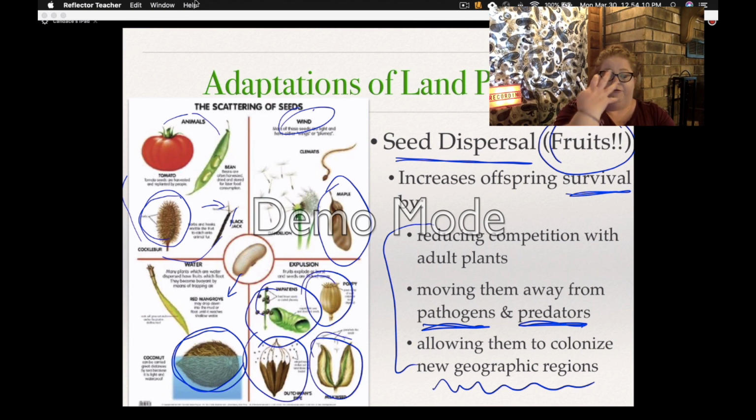As the fruit dries on the plant, it produces something like a catapult, for lack of a better way to describe it, and it throws the seeds out. Also, a tumbleweed distributes seeds by rolling around. So these are all fruits, even though we don't think about them that way.